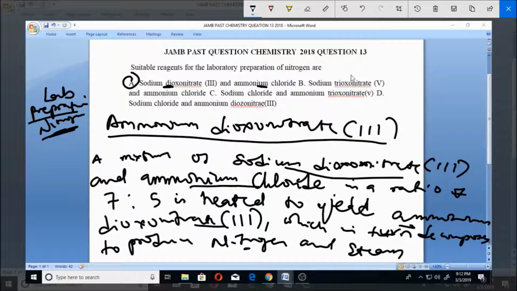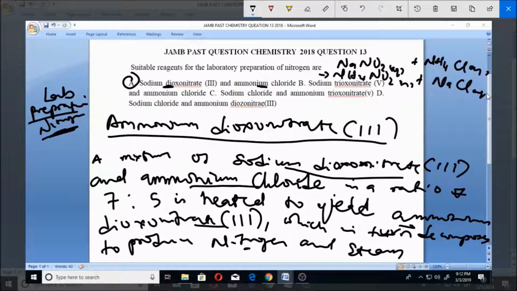In terms of equation, you can have sodium dioxynitrate 3, aqueous, reacting with ammonium chloride, also aqueous, to form ammonium dioxynitrate 3, aqueous, and sodium chloride, also aqueous.